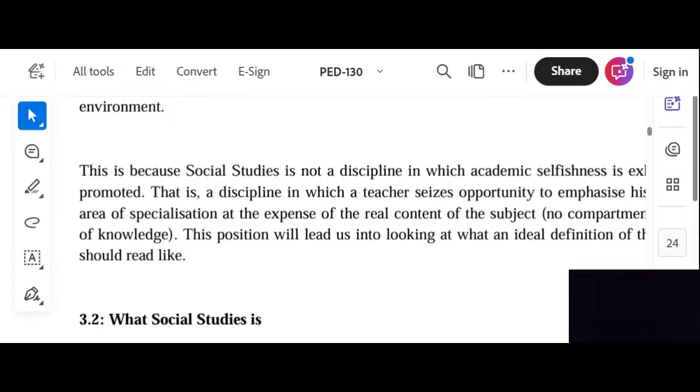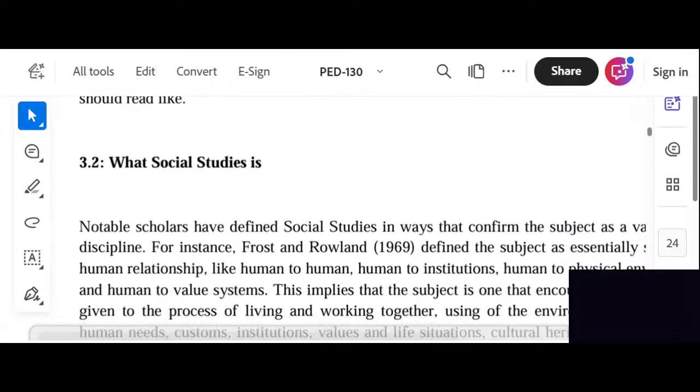Two definitions that are either lacking or not even correct about social study. Yes, let's have them from you. So that will move us to the main thing.